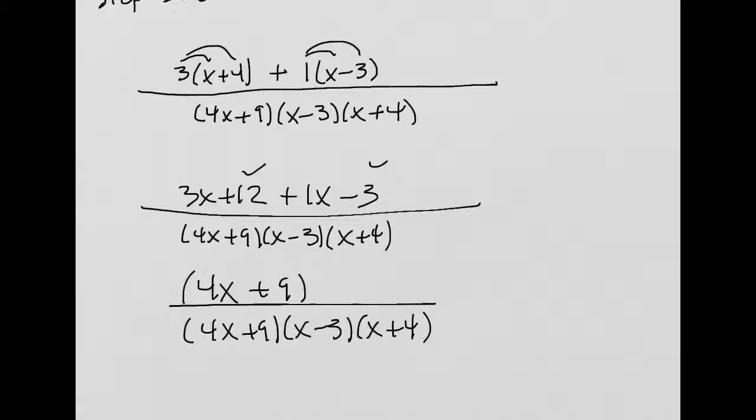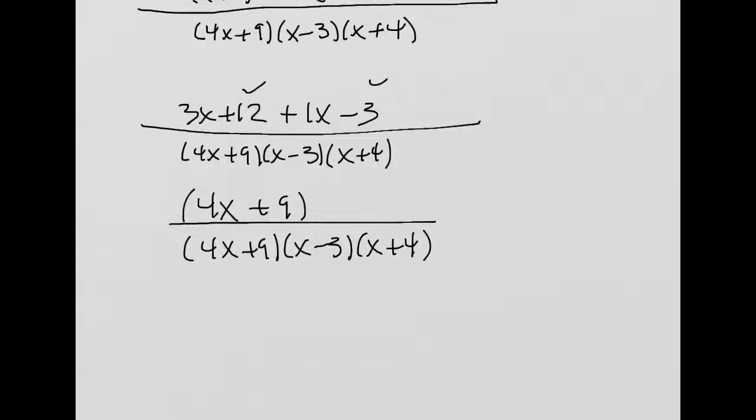So the final step is we want to try to simplify what we have. One of the things that you'll notice is that the top and the bottom both contain this 4x plus 9 factor. Just like when I have a fraction that contains the same factor on the top and on the bottom, I can divide top and bottom by whatever that common factor is to reduce the fraction.